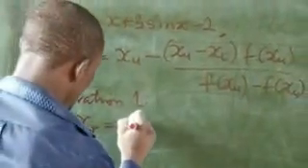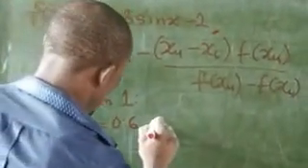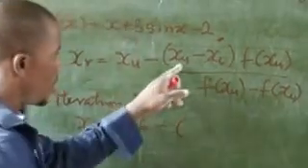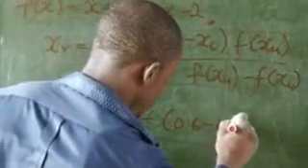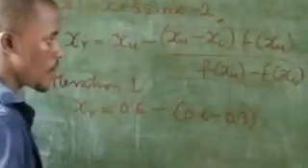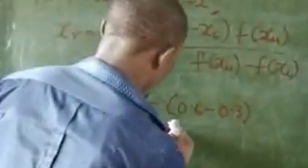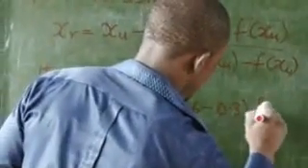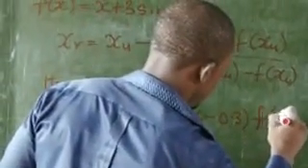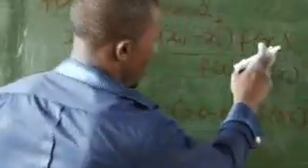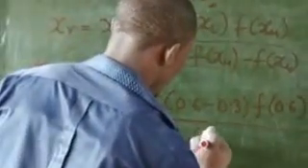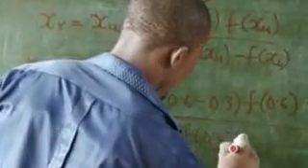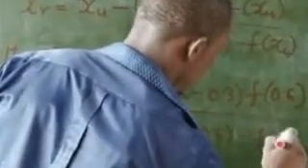There is 0.6 minus, bracket open, XU, remember, 0.6 minus 0.3, bracket close, times f of 0.6, which is f of XU, over f of 0.6 minus f of 0.3.